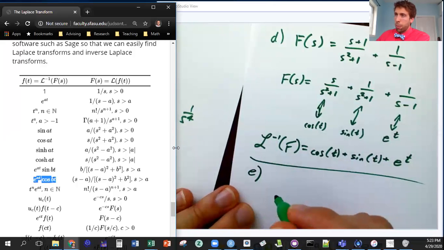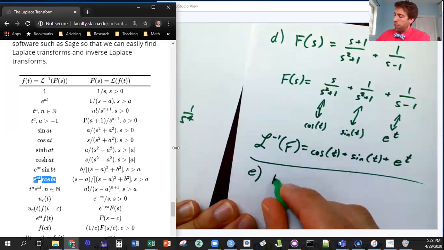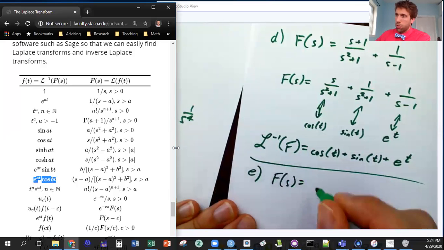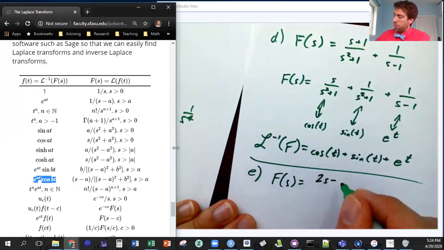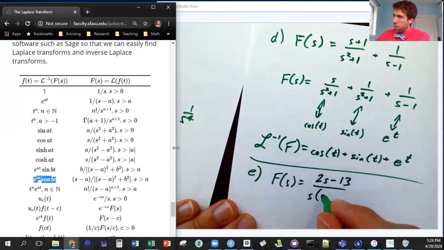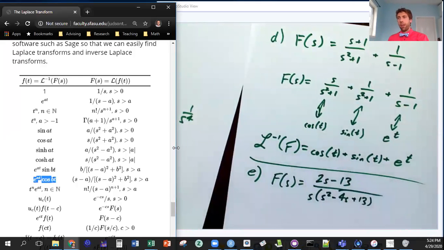So here we have F of s equals 2s minus 13 over s times s squared minus 4s plus 13. Okay, fun, fun, fun.